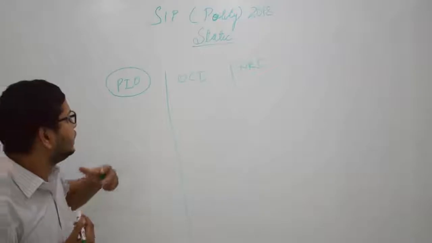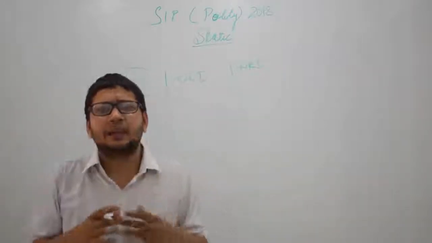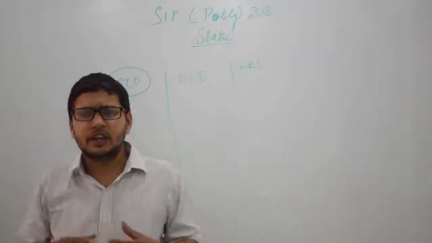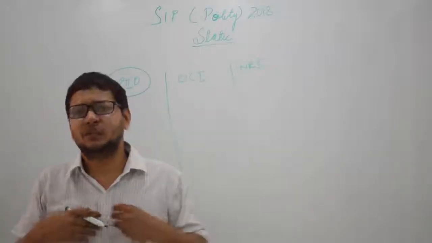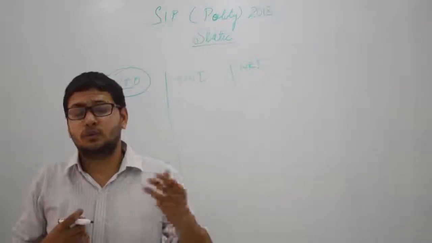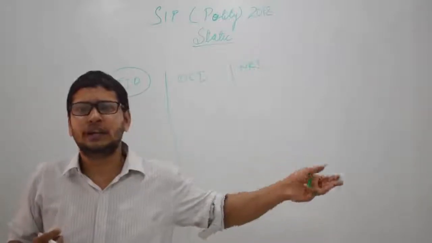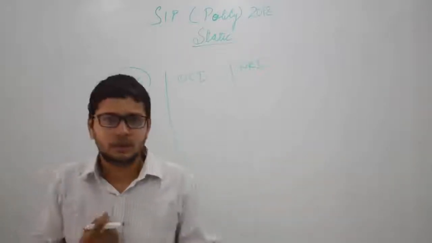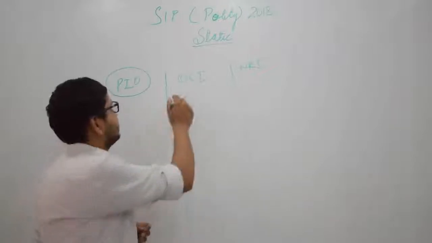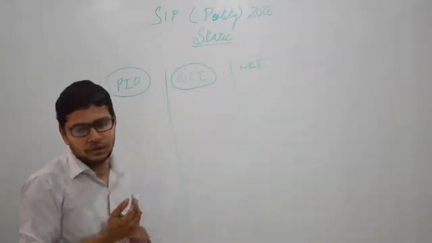Right? And OCI, the overseas citizens of India, are more recent migrants. Generally, they are those people who were once citizens of India, but with time they have migrated abroad, like in the last 2-3 decades. So they are generally considered as OCI or overseas citizens of India.